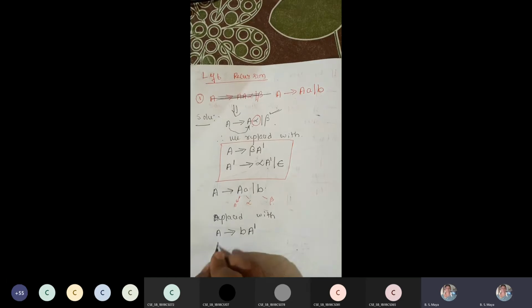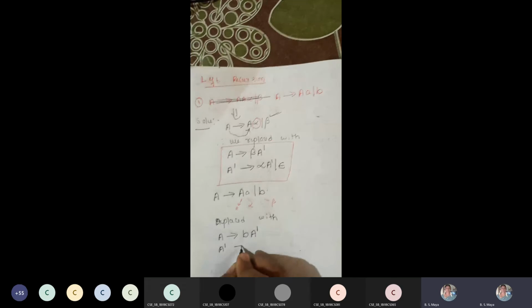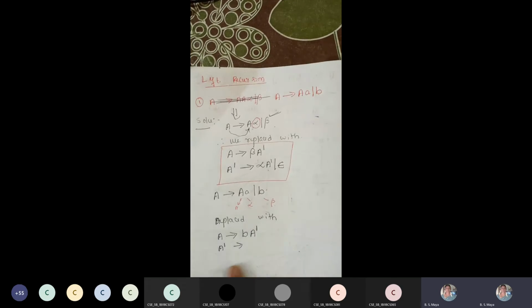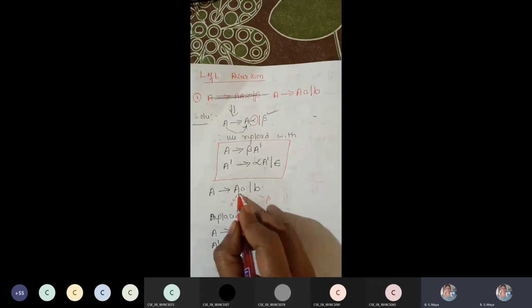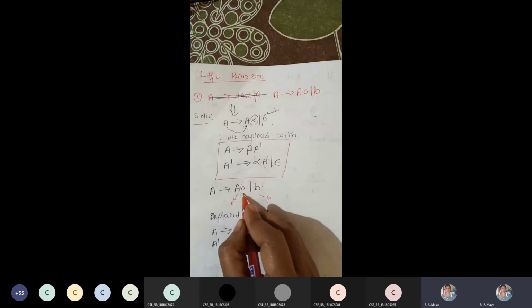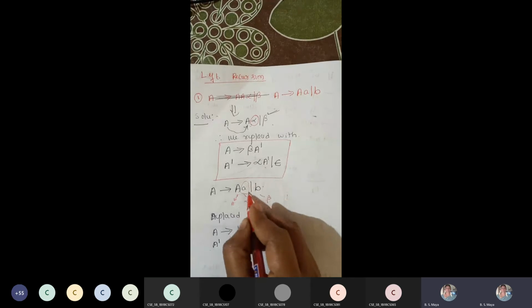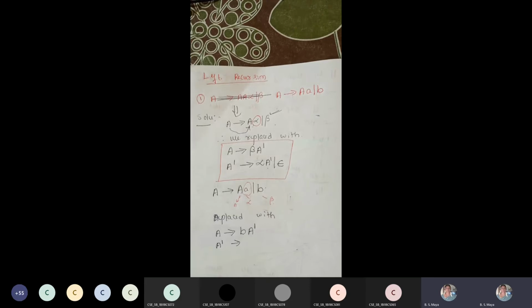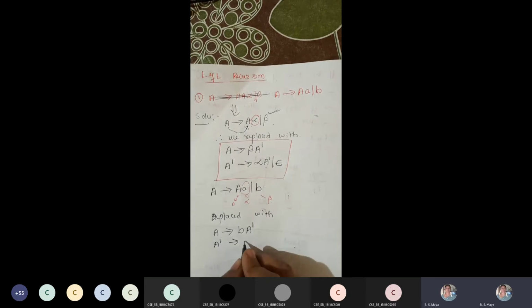Then what is A dash? Because I am defining a new thing, I have to define it in the next line. What is A dash? A dash is the remaining. What is the remaining in this production? You leave only A. What are the remaining? Small a.